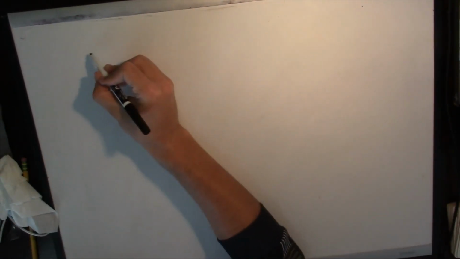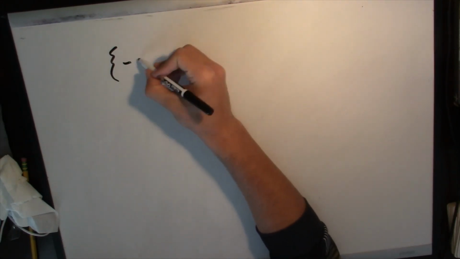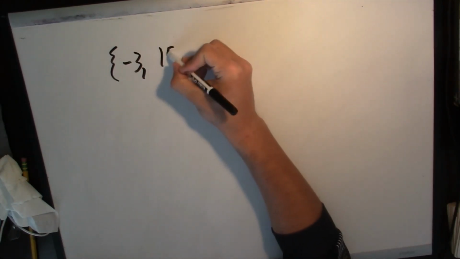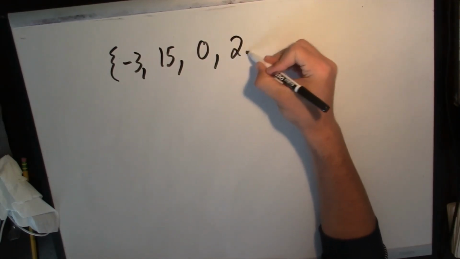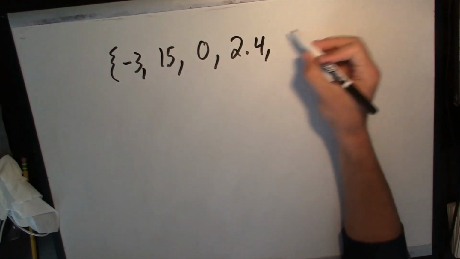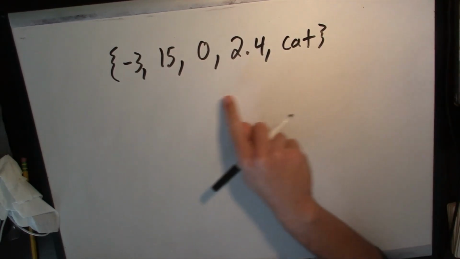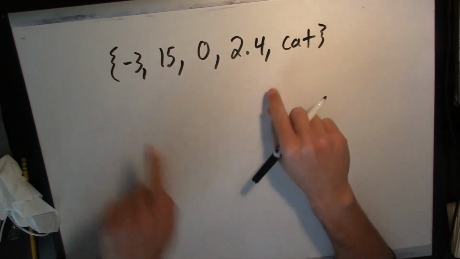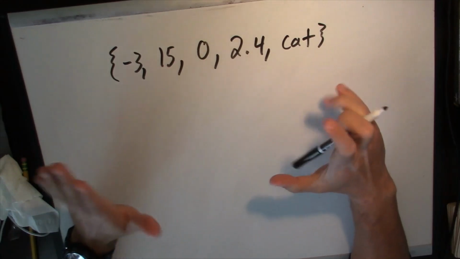Here's a set with some random numbers: -3, 15, 0, 2.4, and the word cat. Remember, a set can have any type of elements. All of these are elements, and it can be anything. This is just a random set. It doesn't have to have any meaning.